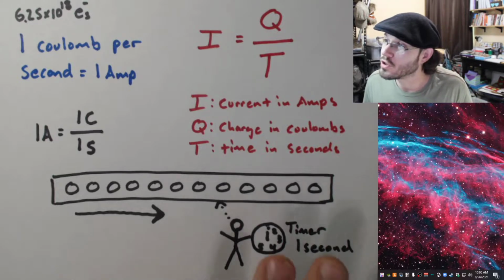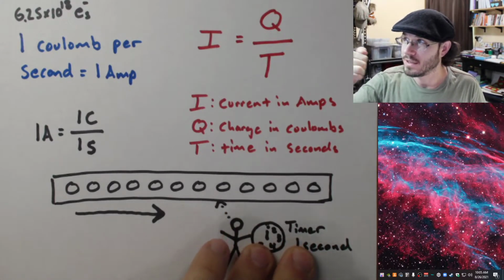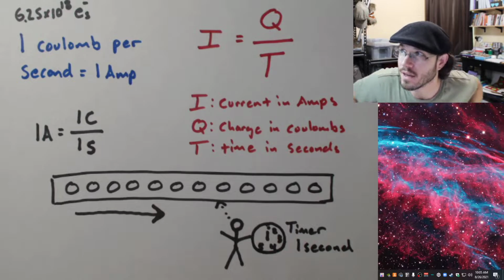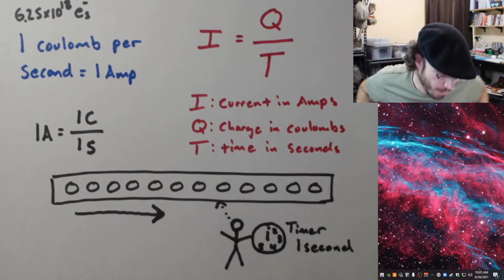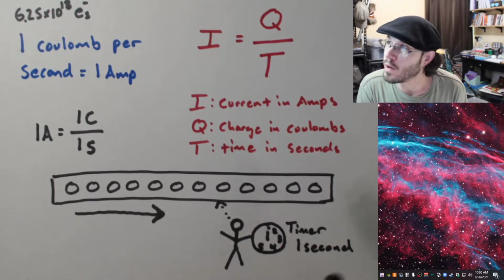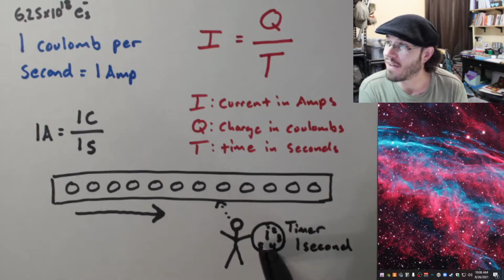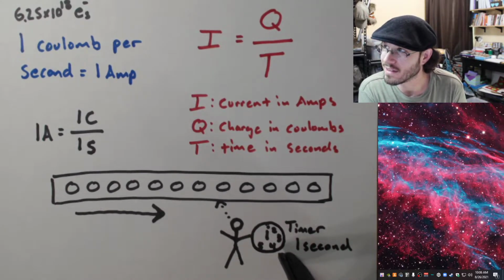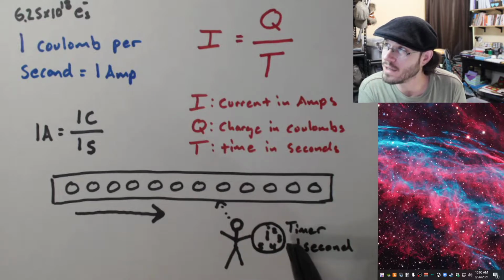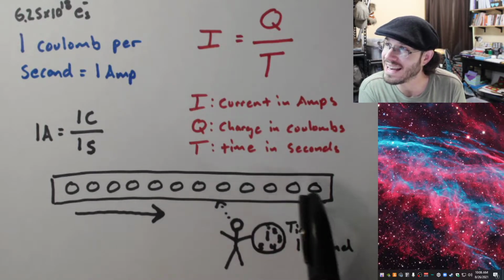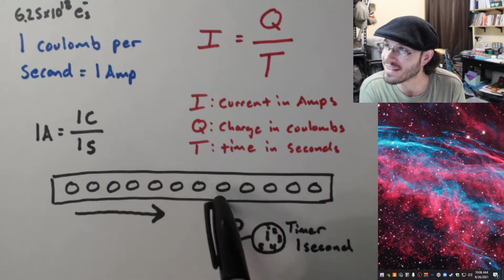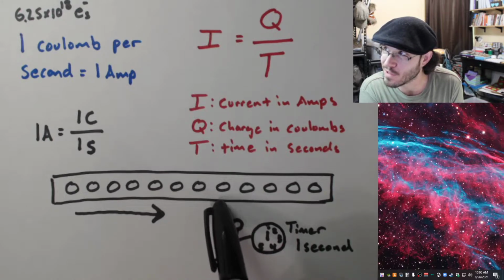I'm going to start this timer. Tick, tick, tick. And I am going to stop that timer after 1 second. And during that 1 second, I'm going to count how many electrons flew past this one point of this wire. Right? You see where I'm going with this?